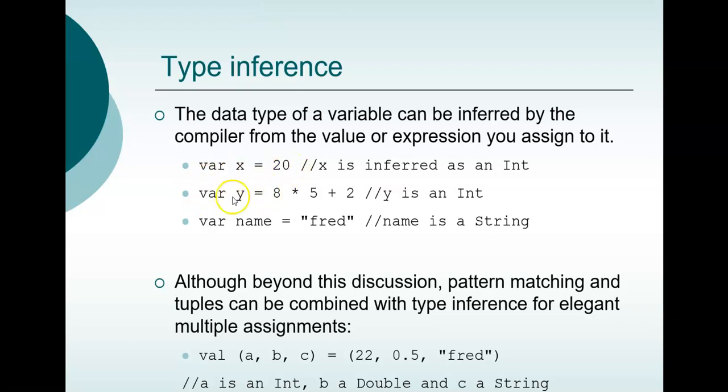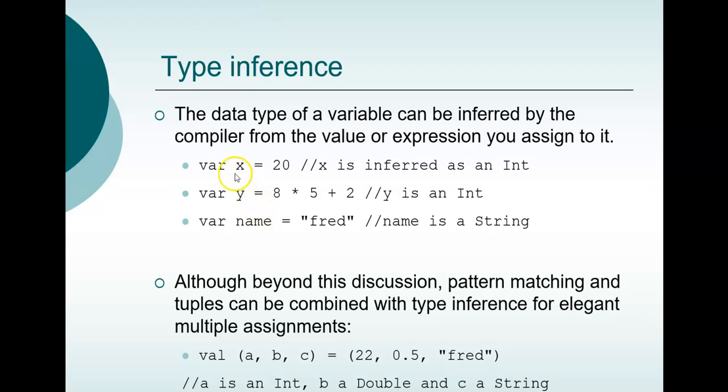The same way var y equals 8 times 5 plus 2, the compiler can infer that y is an integer because that expression will result in an int value. When you look at var name equals Fred, because Fred is in quotation marks, or is a string, the compiler will infer that name is a string. So that's what we call type inference.